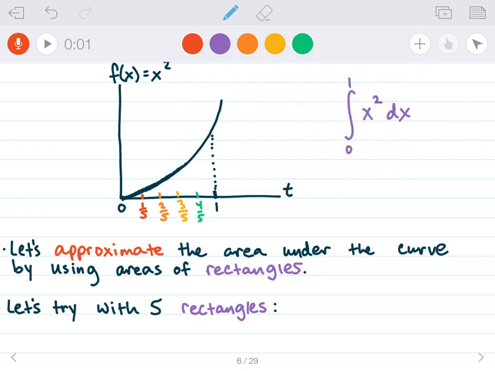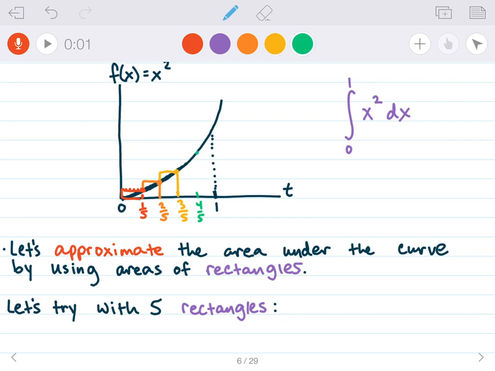Let's go ahead and sketch our rectangles. Here's our first one, my second one, my third one, and my fourth one. Well, I need a fifth one too.